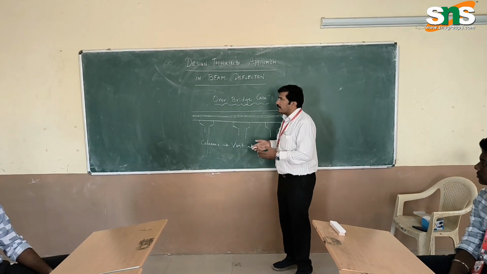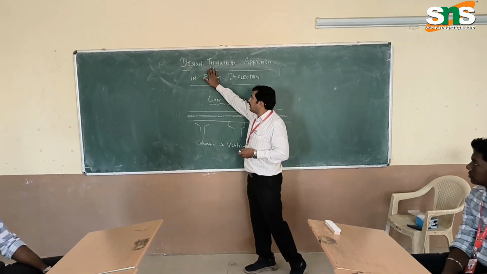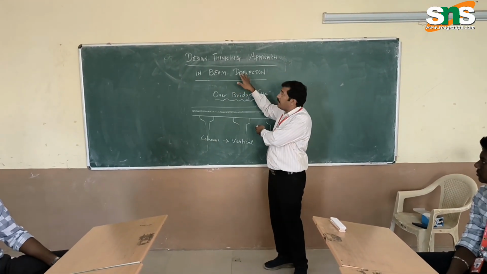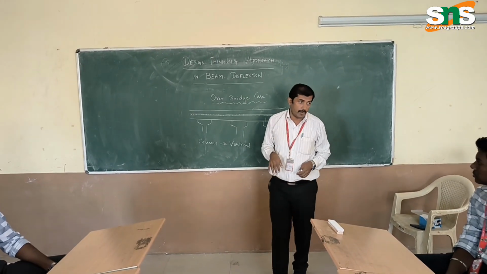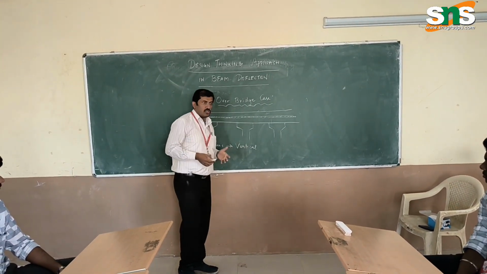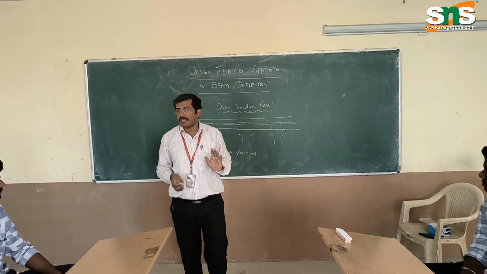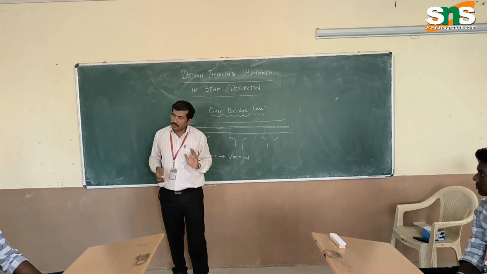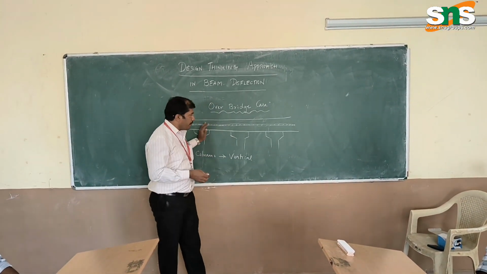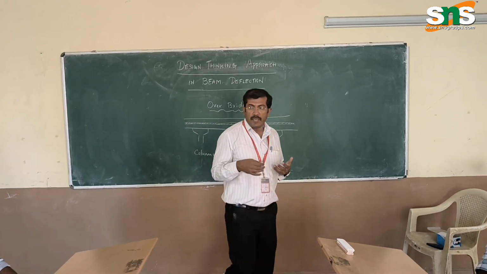Today we are going to discuss how this design thinking approach can be applied in beam deflection problems. For example, I have taken the example of an overbridge. We have seen in various areas of our city bridges, overbridges, and we use the bridge for pedestrians walking over it, big trucks moving on it, and various vehicles.